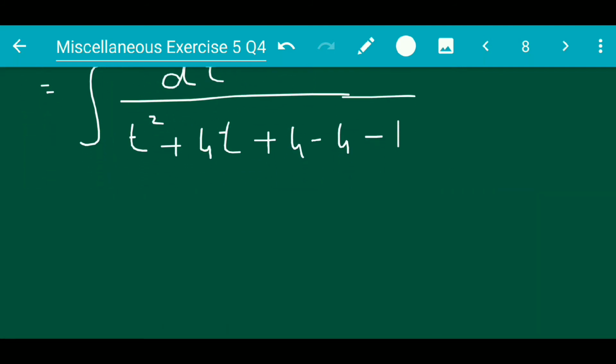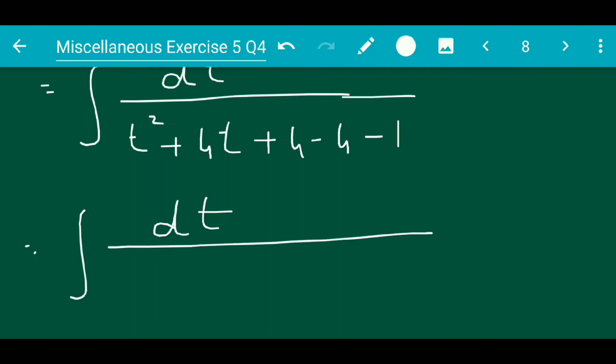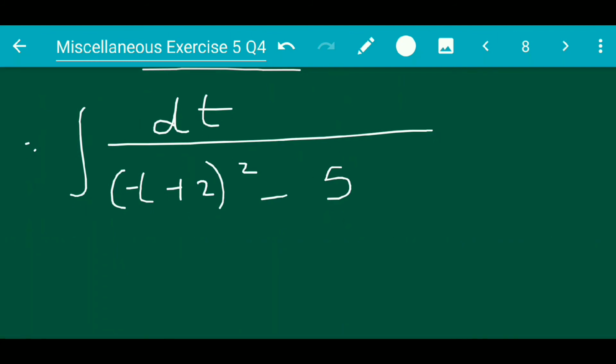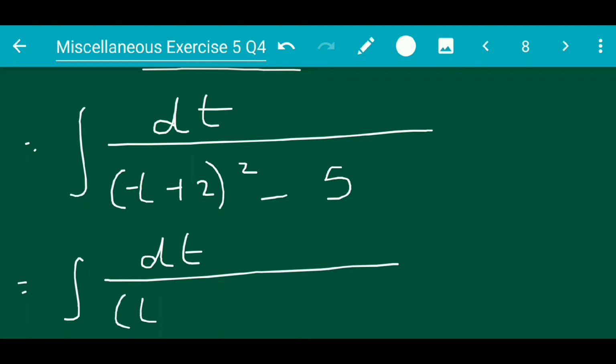Then t square plus 4t plus 4 becomes t plus 2 the whole square, and minus 4 minus 1 gives us minus 5. In the next step we get dt upon t plus 2 the whole square minus root 5 the whole square.